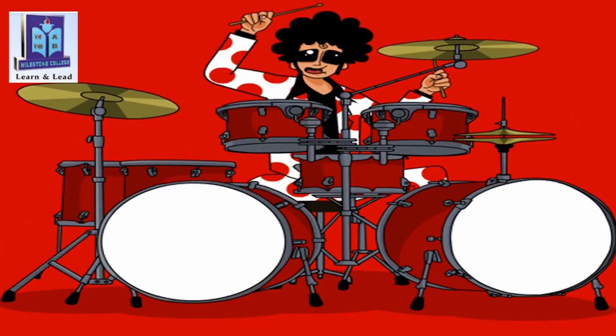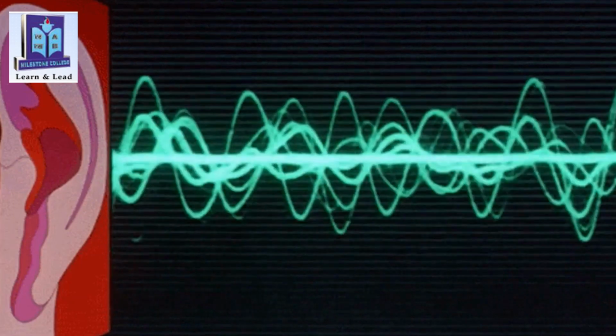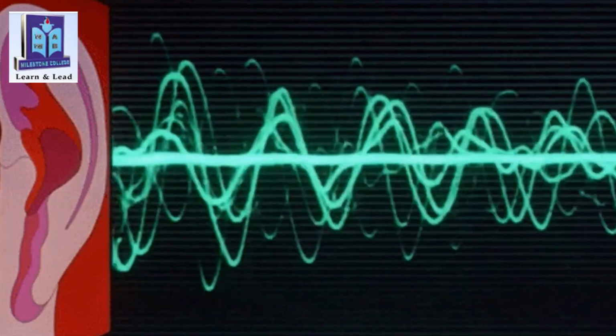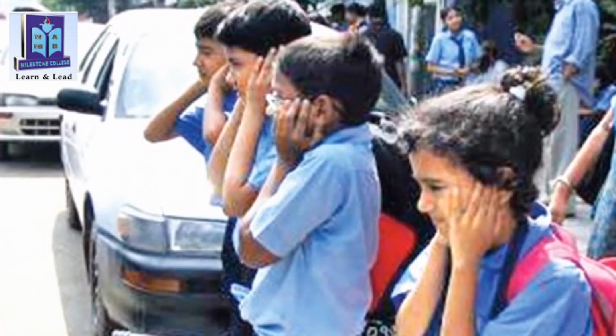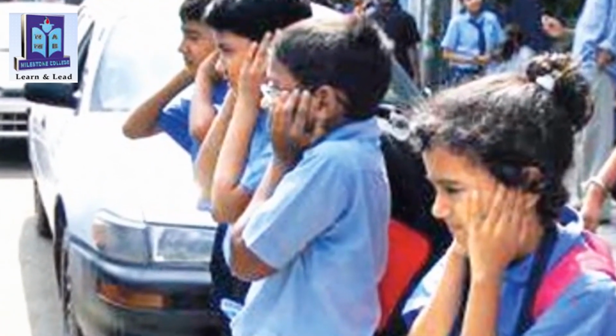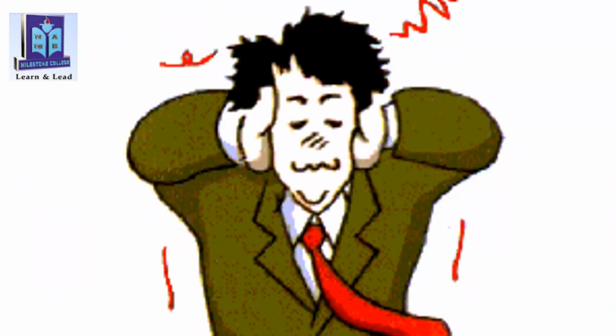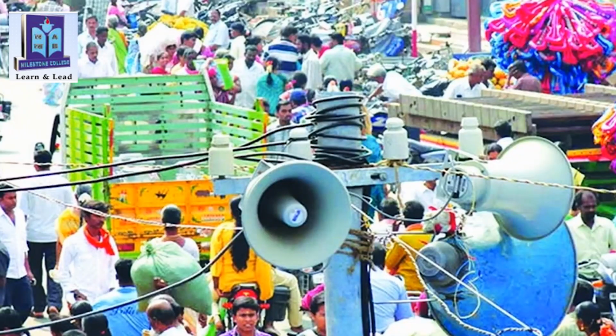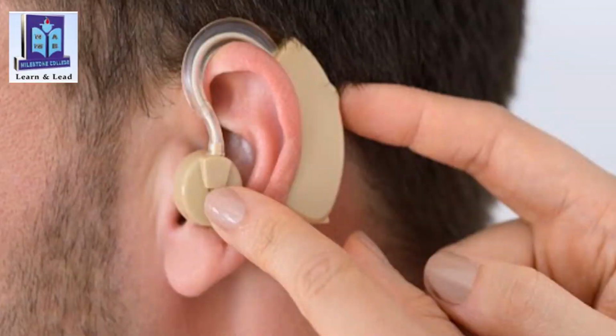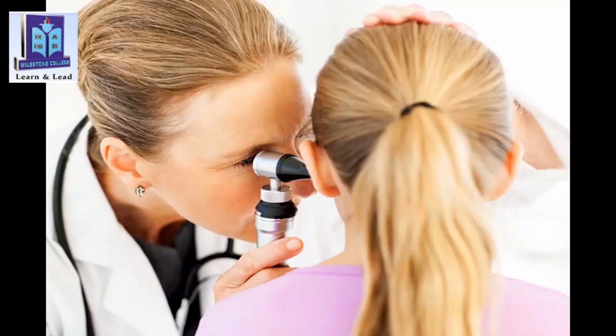Sound is essential to our daily lives, but noise is not. Noise is an unwanted sound, which produces unpleasant effects and discomfort on the ears. Noise pollution, also known as sound pollution. This includes the sound of vehicles, loudspeakers, etc. Noise pollution can cause ear problems or even permanent deafness.